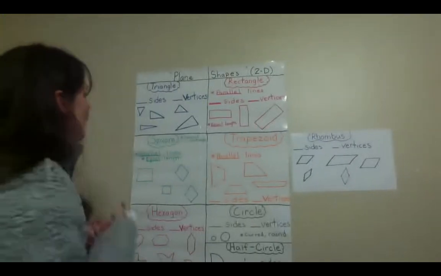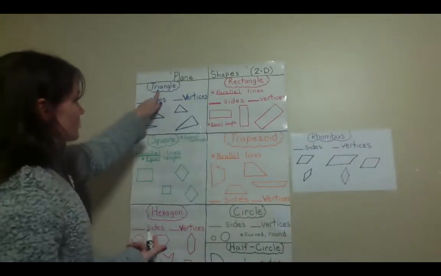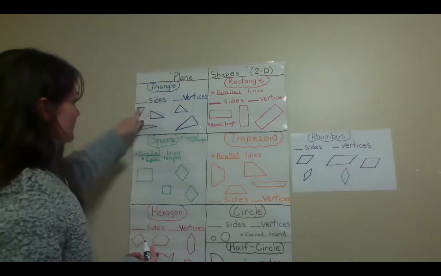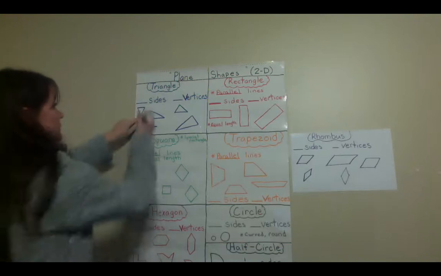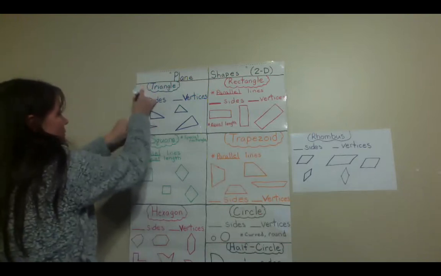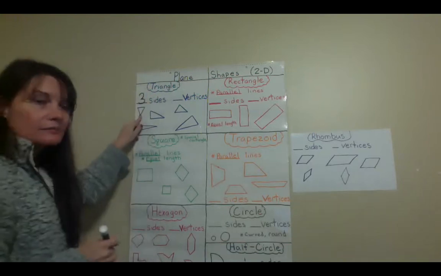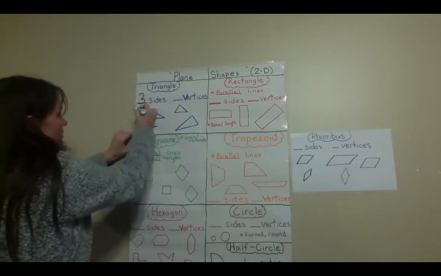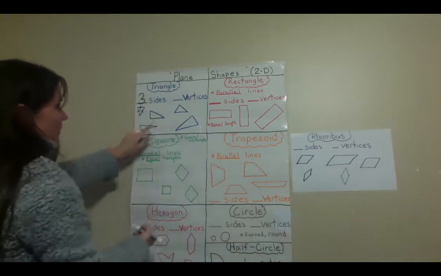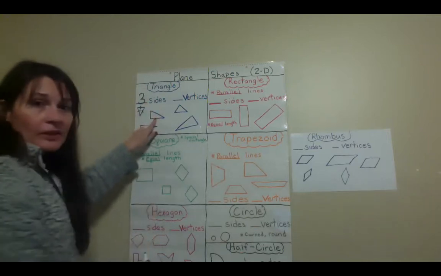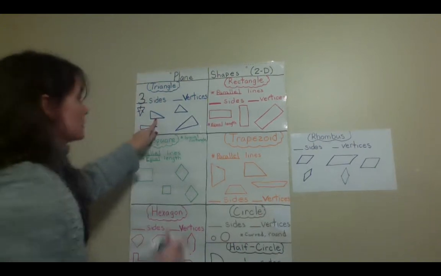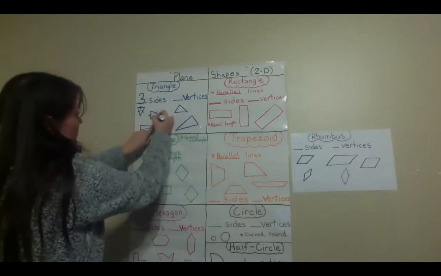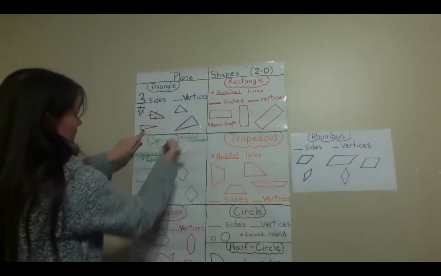Now, I saw that the triangle has 1, 2, 3 sides. So a triangle has 3 sides, and I can mark those to be sure. This triangle is shaped differently, but it's still a triangle, and it also has 3 sides.